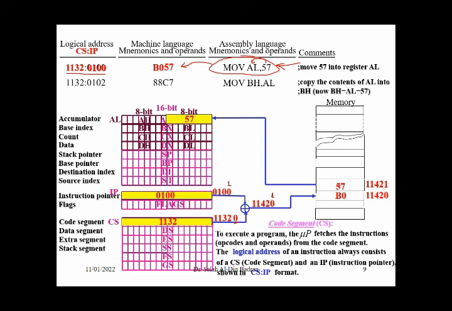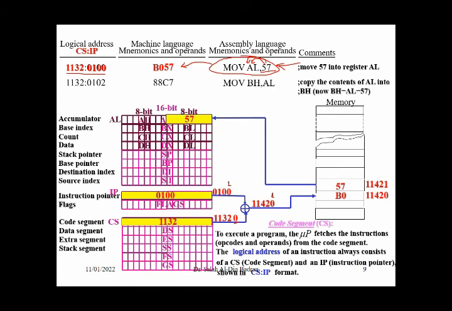It's required to copy 57 from the memory. So we understand now that 57 was stored inside the memory. This instruction means take a copy of it from the memory and store it in the microprocessor. Where exactly? In the accumulator. Where exactly in the accumulator?